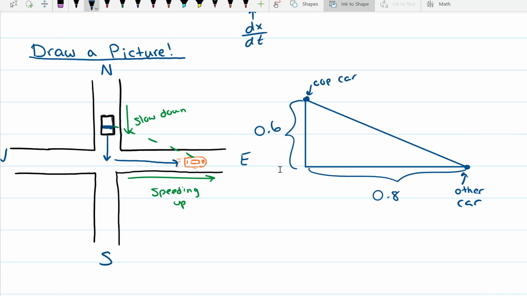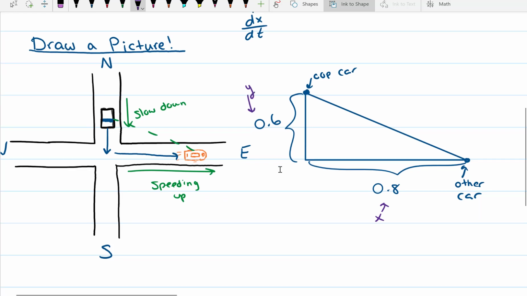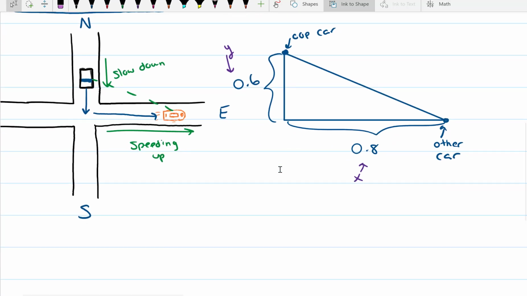So we need to find a formula that's going to help relate the two. I'm going to call this x, and I'm going to call this y. And I'm going to call this one z, the distance between the cop and the other car. So we have x squared plus y squared equals z squared. The Pythagorean theorem is definitely going to help us.